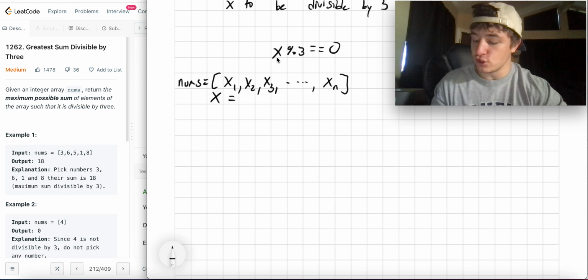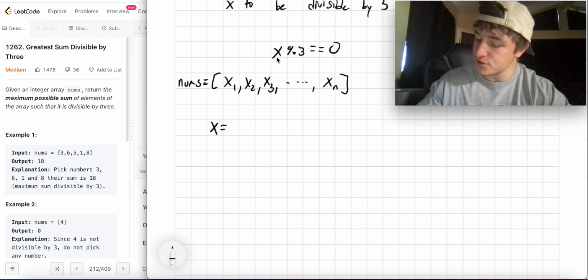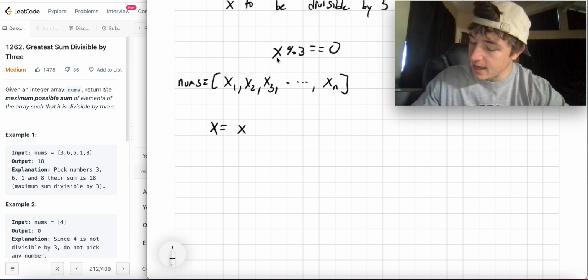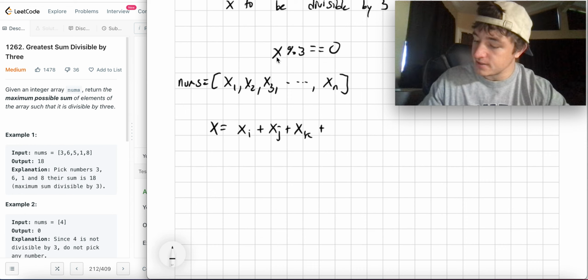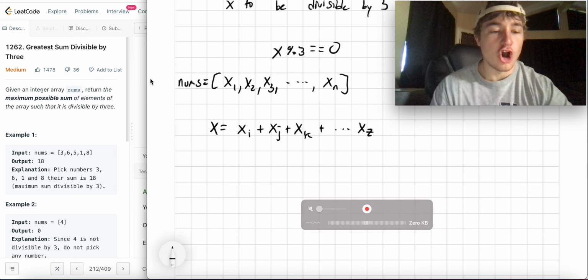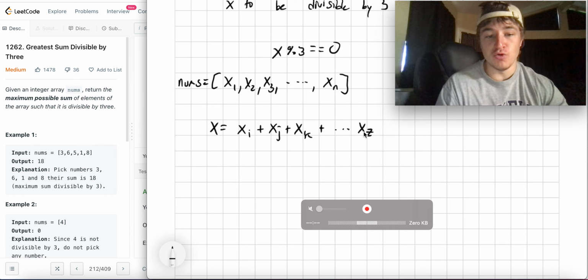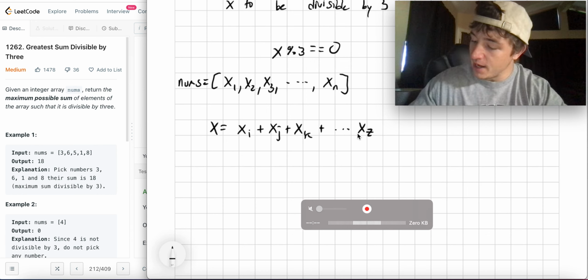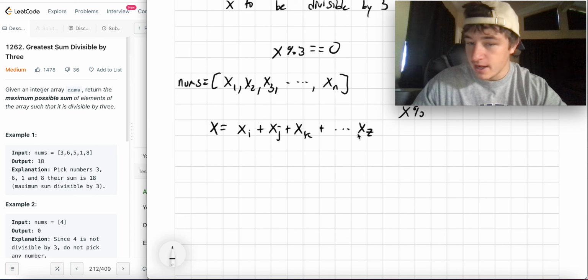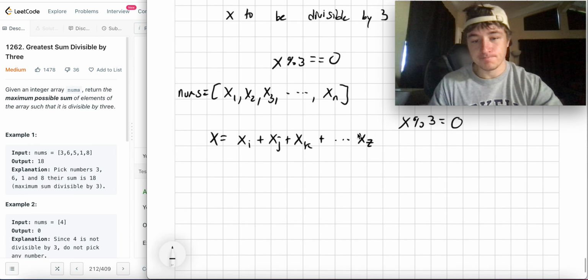And let's say our solution is x, and x equals some sum of elements, xi plus xj plus xk plus xz, whatever. What I'm basically saying is our solution, x, is the elements that we've chosen such that when this system is modded by 3, it equals 0.